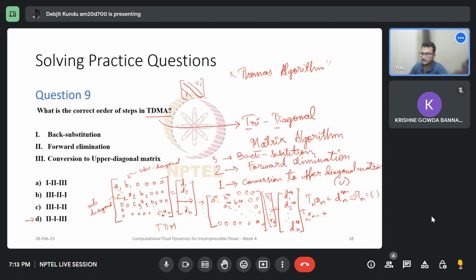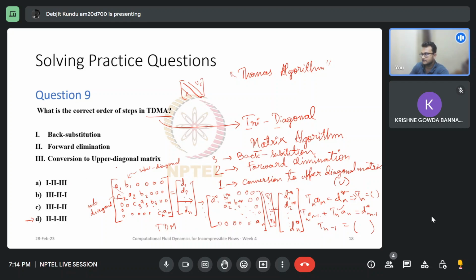Now in the next equation there would be tn minus 1 an minus 1 plus tn an sort of a thing. So we have already found out tn from the previous equation and we solve for tn minus 1 using all these values. In this way we build our way up. So we start from the nth row and go towards the first row. So that's why this step is called backward substitution.